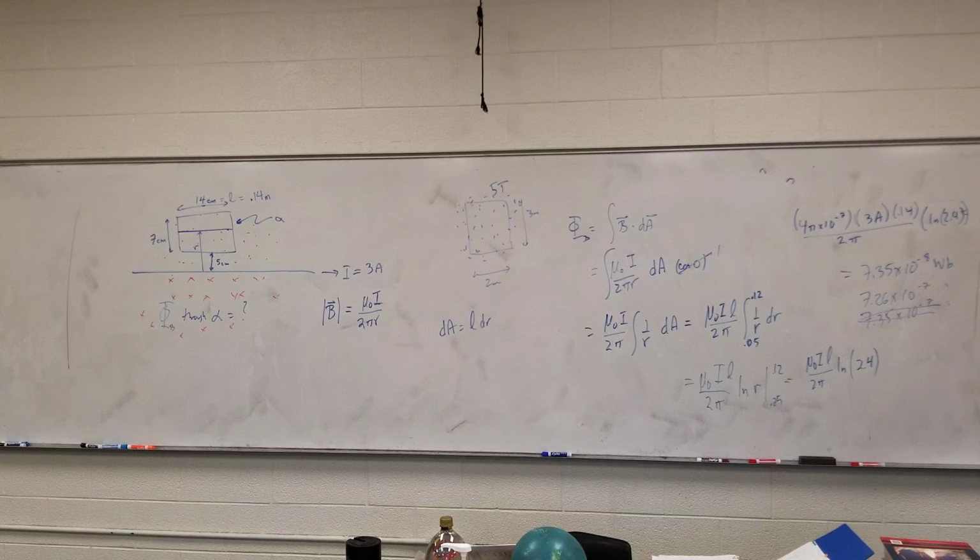So I guess Enrique's the last one to convince. That's natural log of 2.4, right? That's 0.14. That's 3. For some reason, I decided to throw units into that one. Did you get parentheses around 2 pi, or did you just do divided by 2 pi? I just put divided by 2 pi.